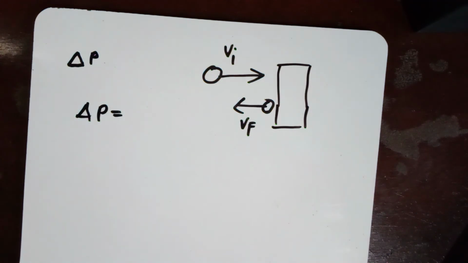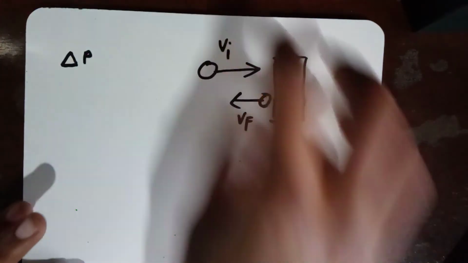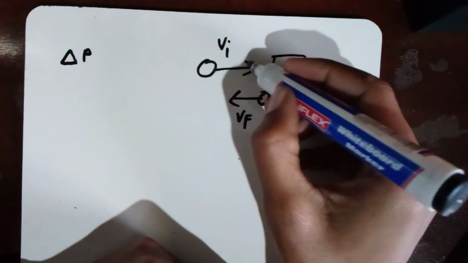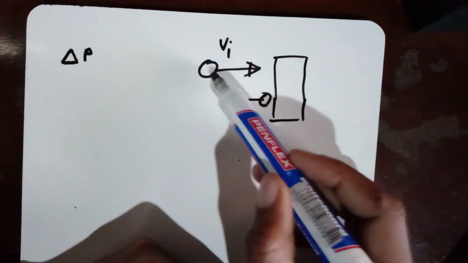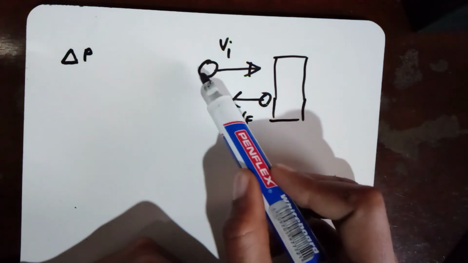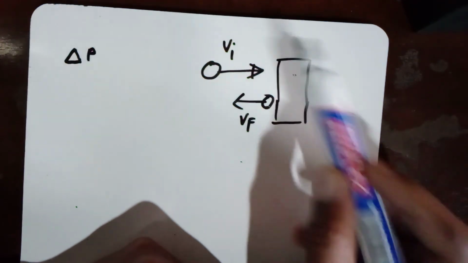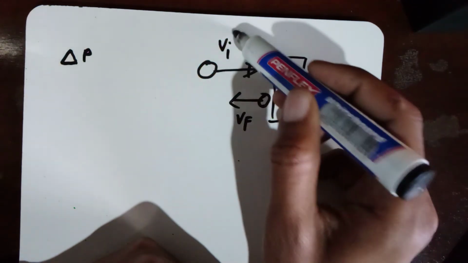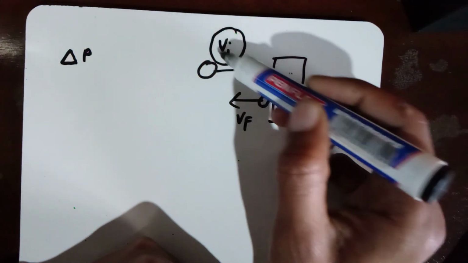But before we go to the formula, let me describe this situation. We have a change in momentum when we have an object. Imagine this is a ball being thrown at a wall, moving at a specific velocity. We call that the initial velocity, vi.